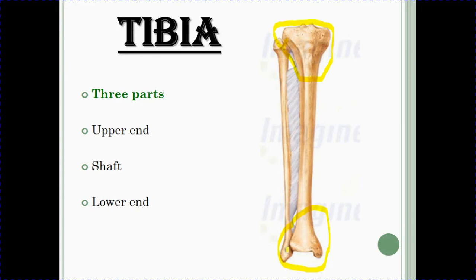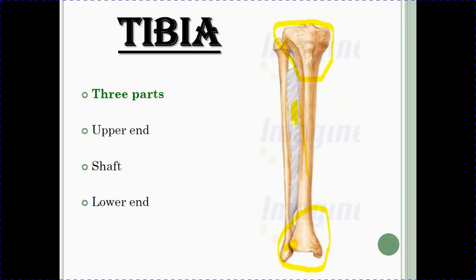The inferior end is also articulating with the fibula, the inferior tibiofibular joint, while the shaft is connected with the fibula by the interosseous membrane. This is the interosseous membrane, connecting the shafts of the tibia and the fibula.